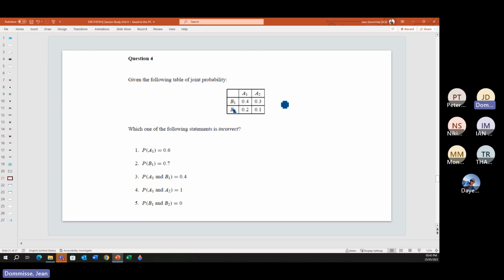What they also don't give us is any of the totals. They didn't tell us that the total of event B1 is 0.7 and the total of B2 is 0.3. If you add all of those in the boxes together, you will get 1.